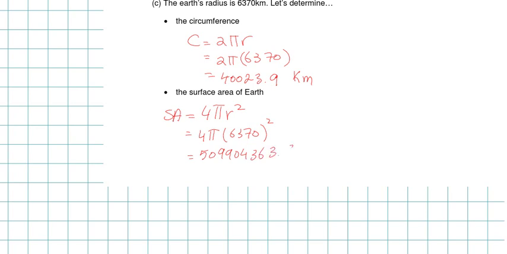Because that's the surface area, it's going to be kilometer squared or square kilometer. So the surface area of Earth is 509,904,363 square kilometers. Are we okay with this?